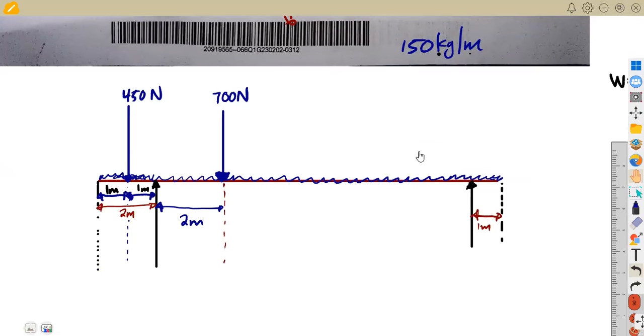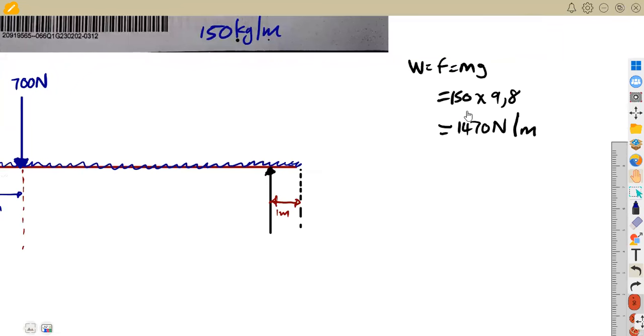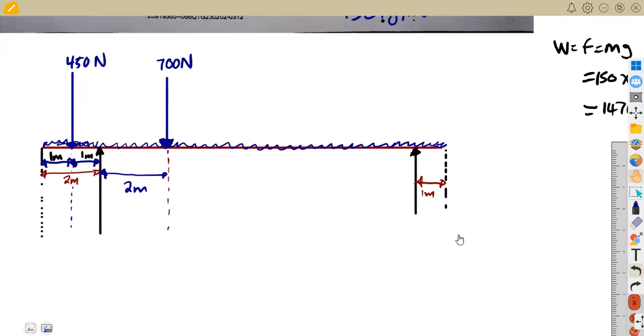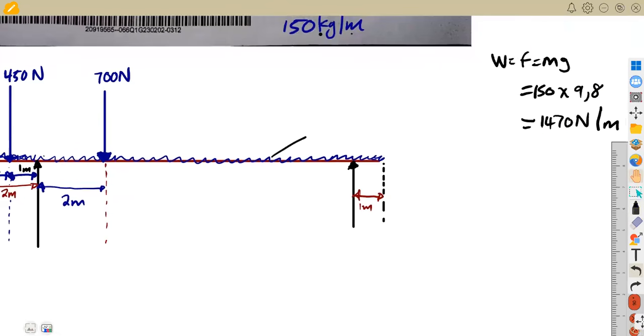But remember our distributed load before that: we are given a distributed load of 1,470 Newton per meter. On the diagram here, guys, what you are just going to indicate is not important. You just indicate that this is distributed, either here or wherever you want. This is representing the distributed load for everything.